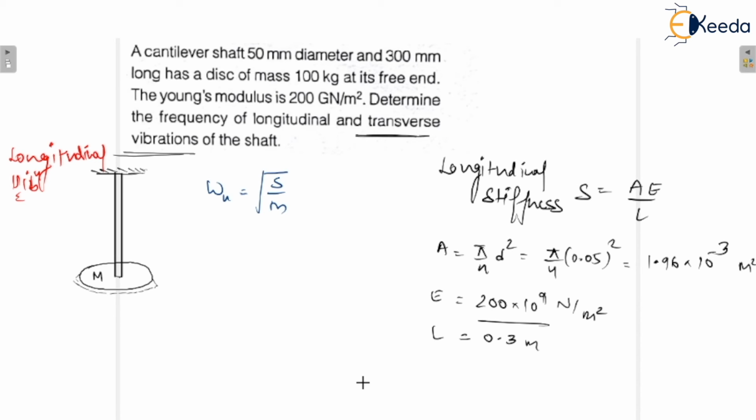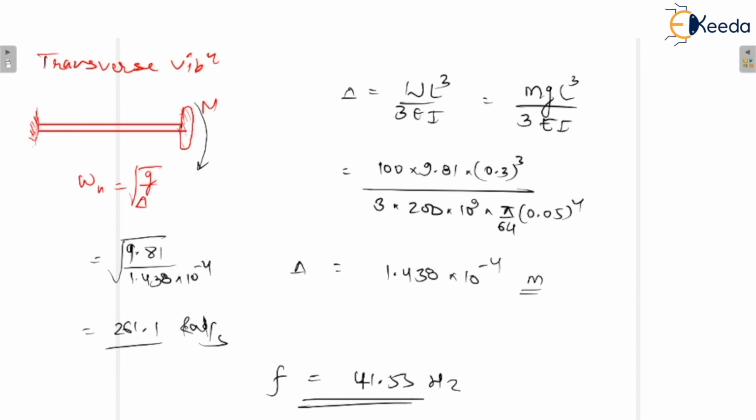Now you just have to know how to find the frequency. But in case of transverse vibration, either the examiner will give you the stiffness of the transverse vibration, or if the examiner doesn't give it, then you have to use this formula in order to calculate the natural frequency.